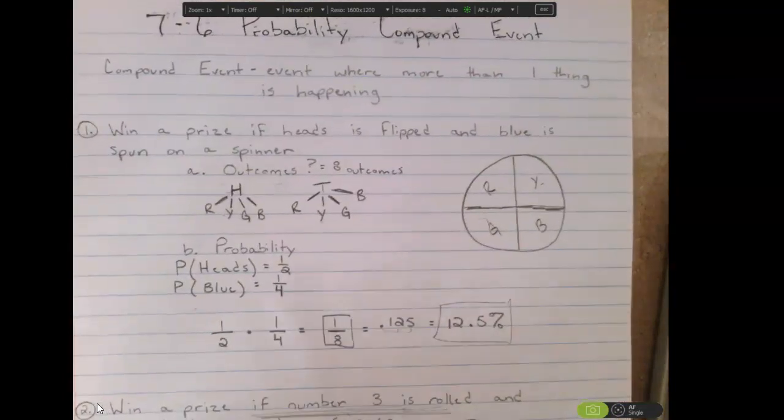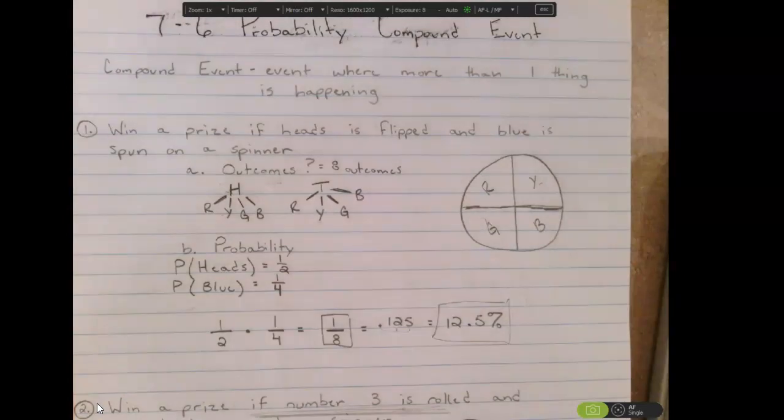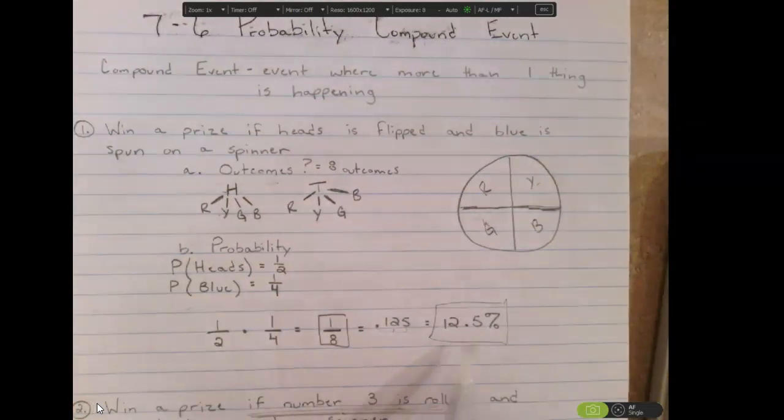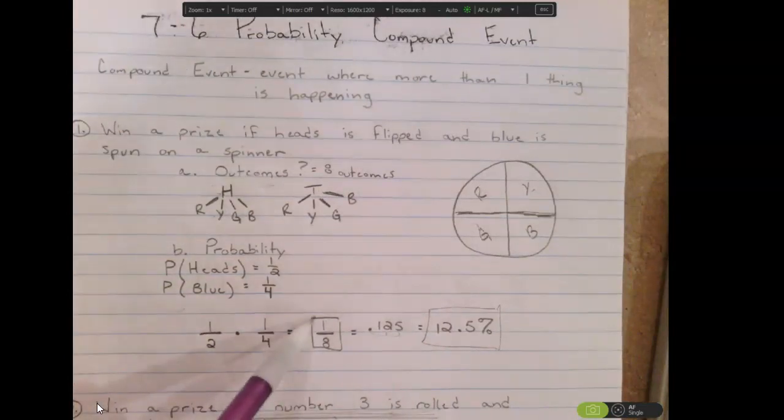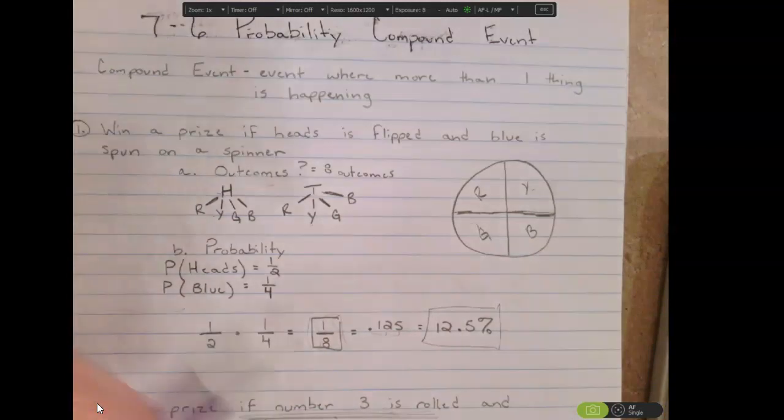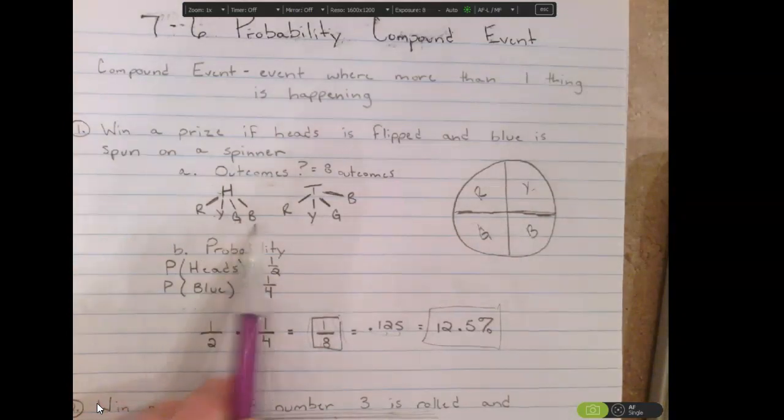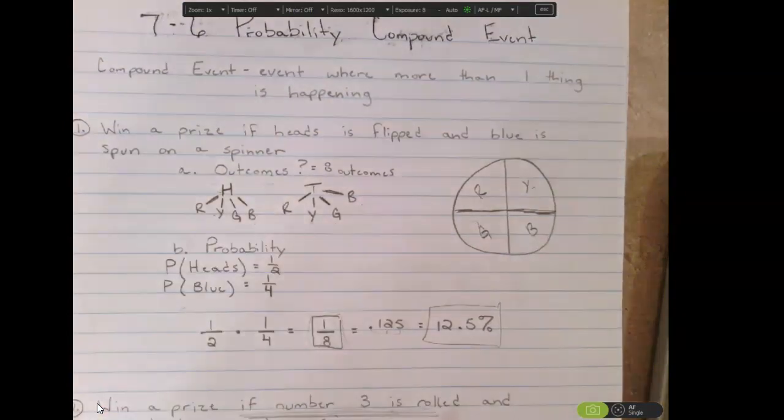Just to kind of clarify, guys, on how this works. So let's look back at number 1. Notice how we had 12.5%. Well, as a fraction, this was 1 out of 8. The way we can relate this to what we just did is because, guys, look, there's 8 different options here. There's 8 different outcomes. I want the one that's going to be heads and blue.